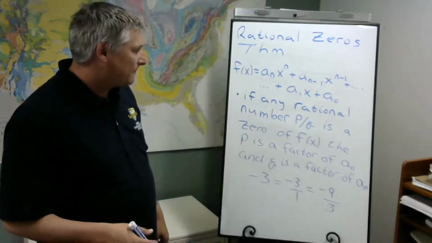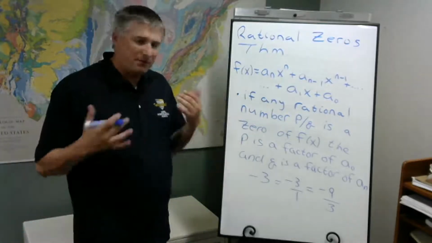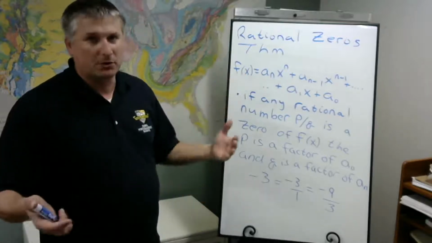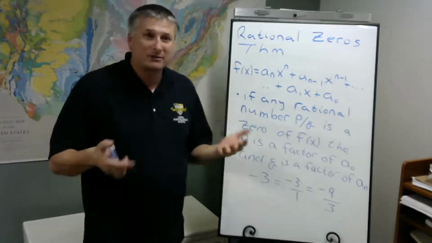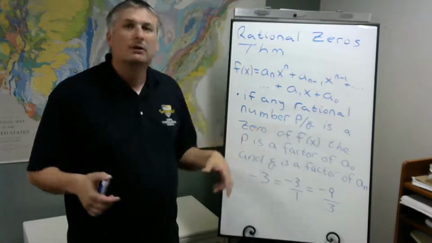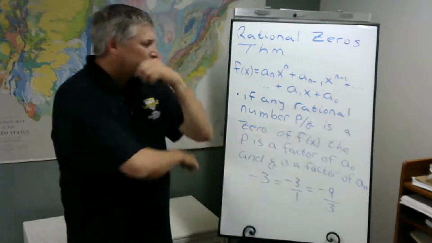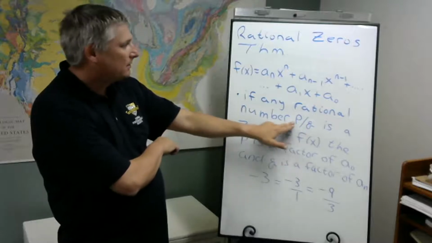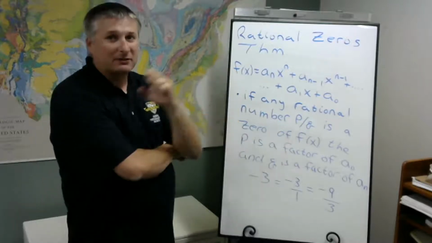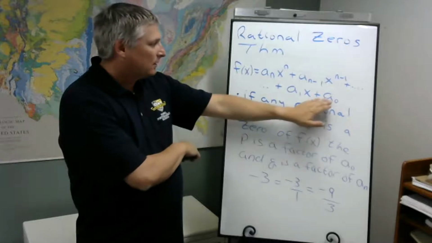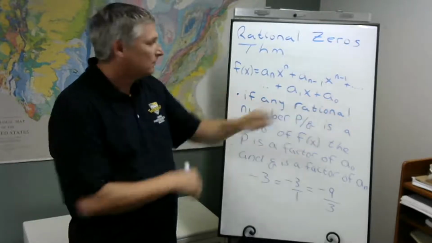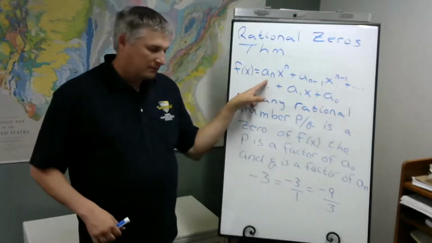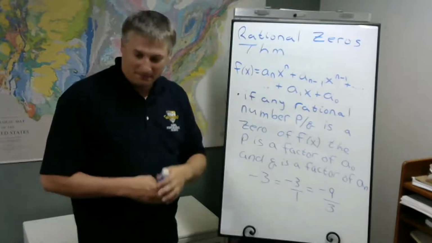Now, what this says is this: if there is some rational number that will make this, say, equal to 0, and that means it's going to be a factor, x minus that rational number will be a factor. If that's true, then this p is a factor of a sub 0. And this q is a factor of a sub n.